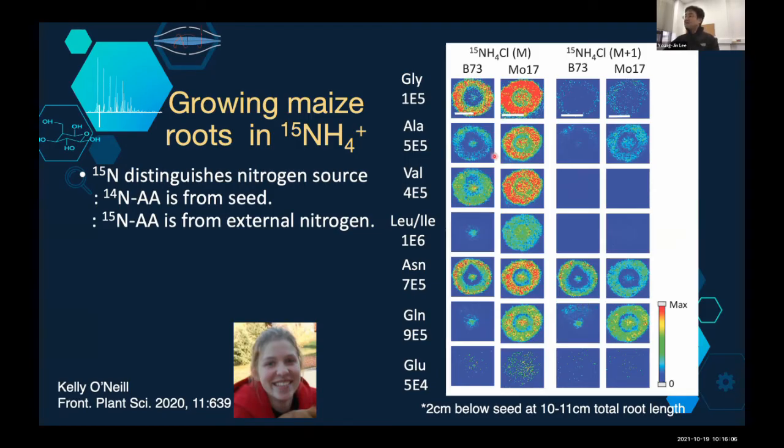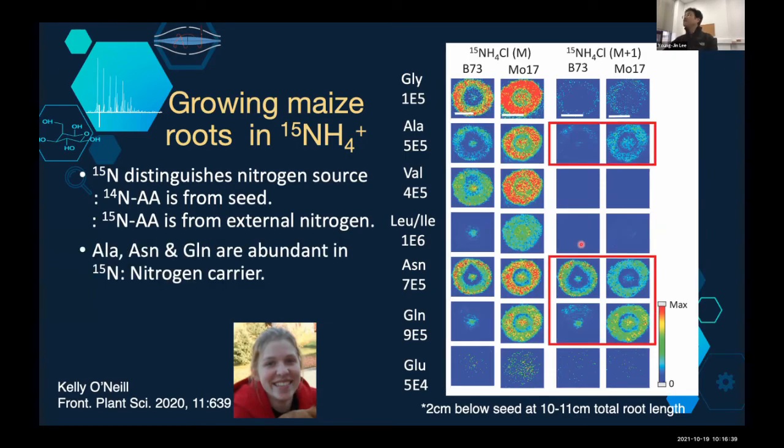And by the way, this image was obtained by growing the maize root about 10 to 11 centimeters, and then cryosectioning it 2 centimeters below the seed. That's where you can see genotypic difference. As you can see, leucine and isoleucine and glutamine, these amino acids are mostly at the periphery in B73, while MO17 is more or less homogeneous.